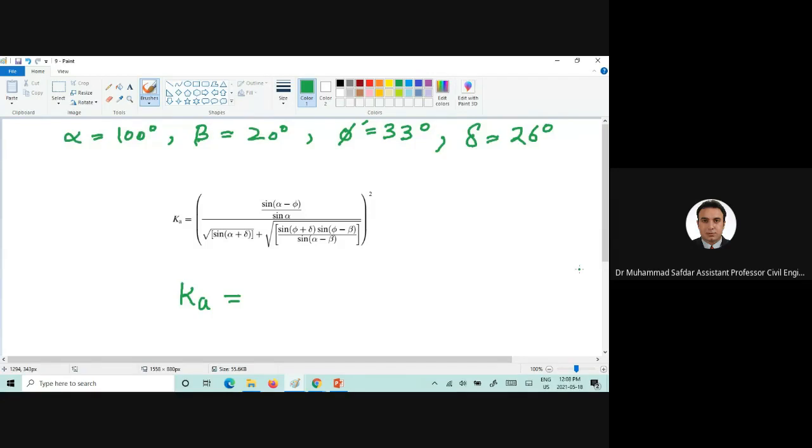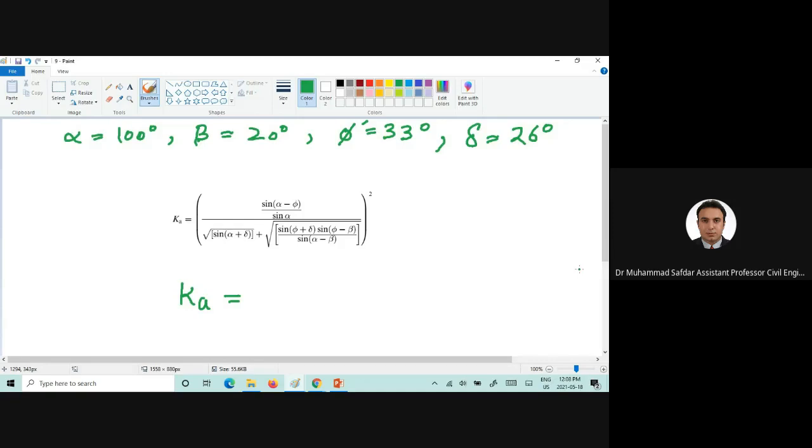And just to give you a review, for sloping ground or inclined retaining walls and incorporating the wall friction, we use the Coulomb lateral earth pressure theory.